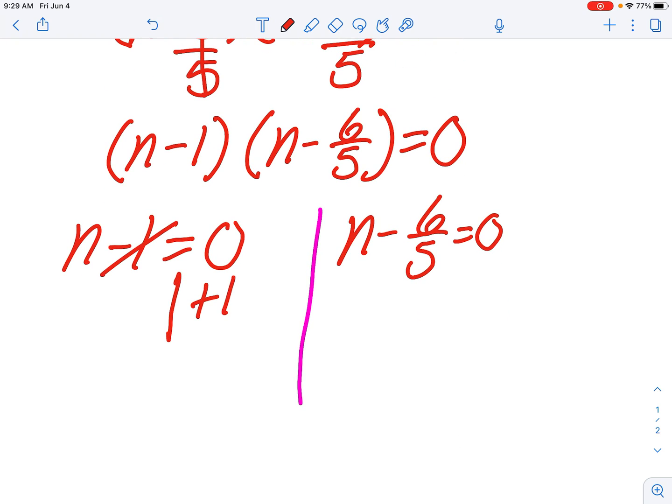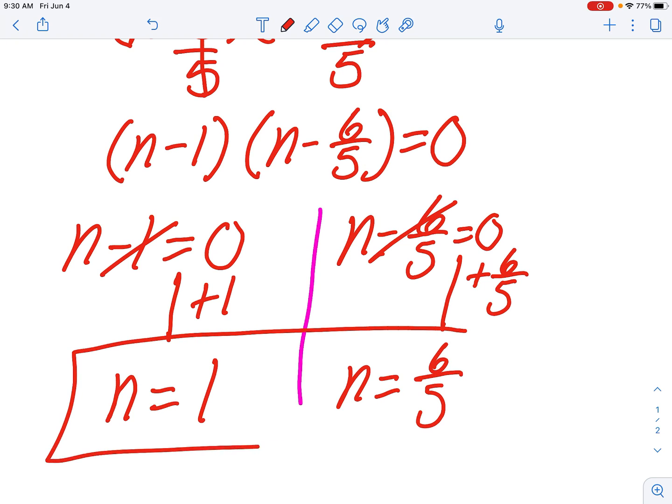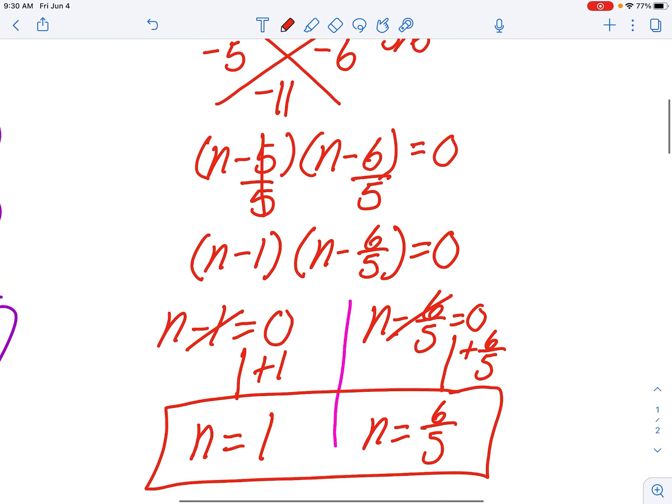I'm going to bring 1 over as plus 1, so I get n is equal to 1. And then I'm going to bring minus 6 over 5 over as plus 6 over 5. That's going to give me n is equal to 0 plus 6 over 5, which is 6 over 5. And that right there, kiddos, are our solutions. n is equal to 1. n is equal to 6 over 5.